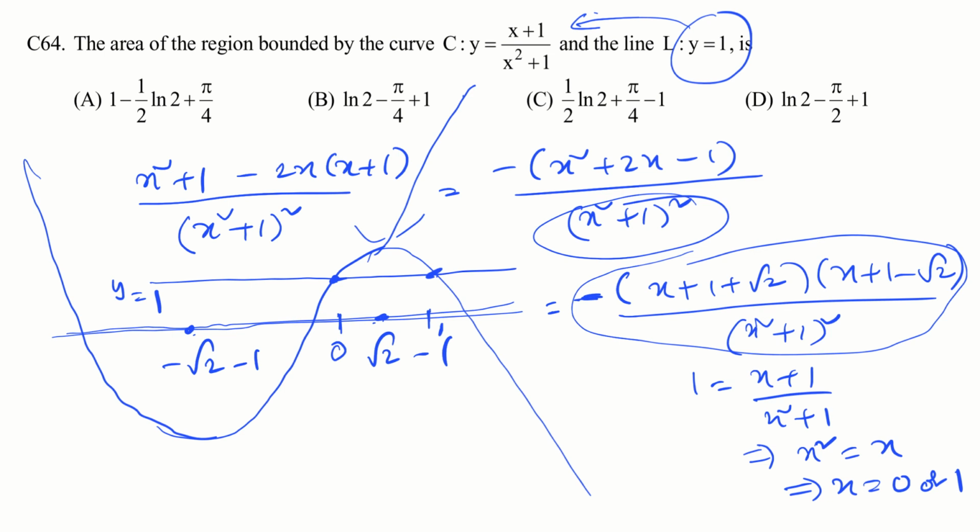Therefore the required area is nothing but integral 0 to 1 of upper curve minus lower curve, that is (x plus 1) by (x square plus 1) minus 1, dx. Evaluate the integral, you have your required area. Let's go to the next problem.